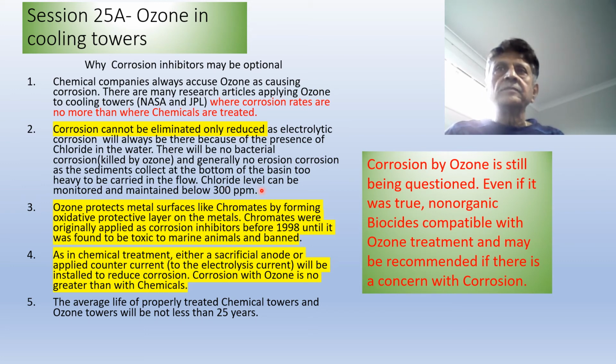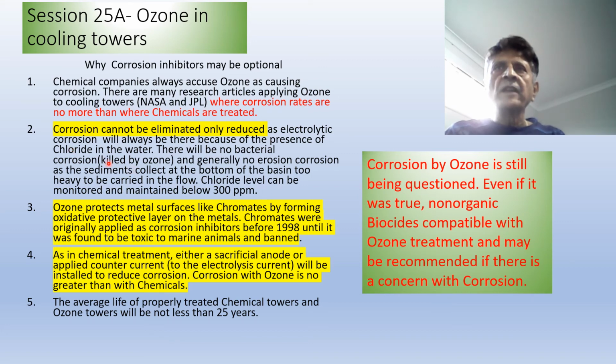The lower the chloride level in the makeup water, the better it is for the system, and the higher cycles of concentration we can operate. Many people will determine the cycle of concentrations using the TDS.